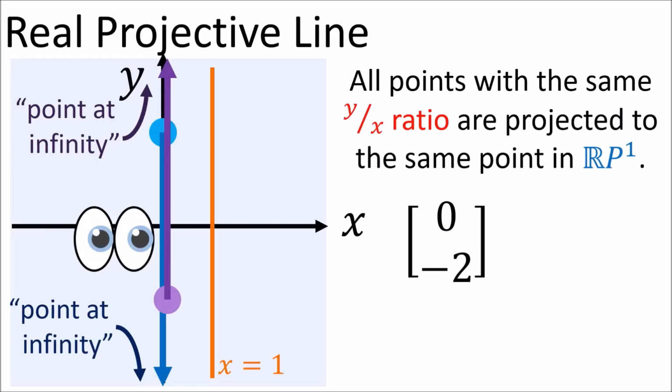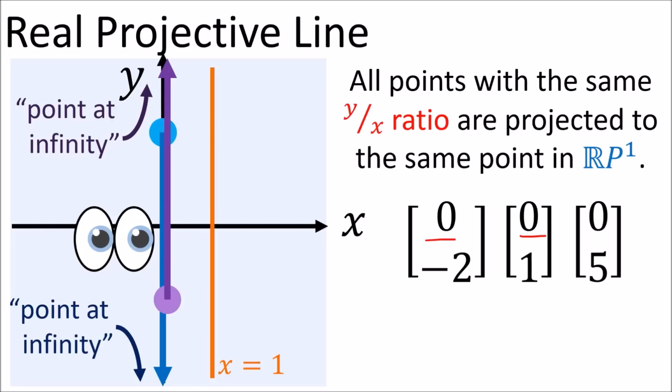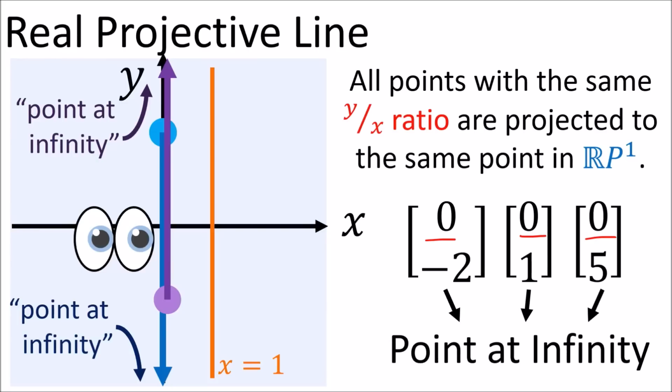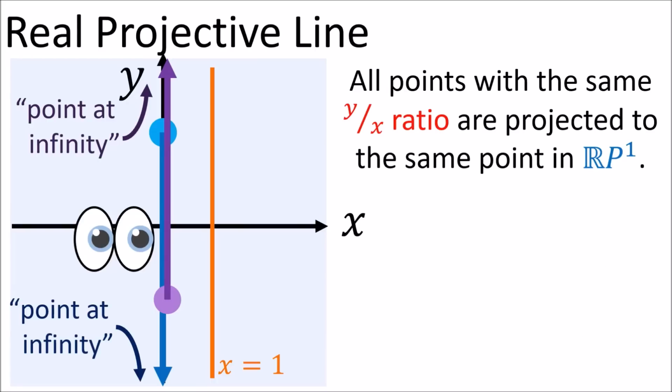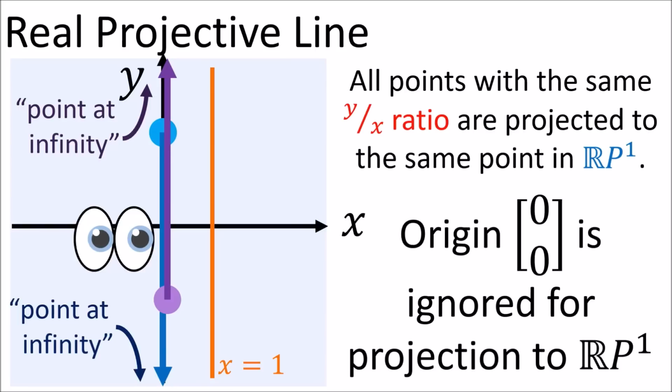And in the case of xy points where the x-coordinate is 0, all of these are considered equivalent and are projected to the point at infinity. Although, keep in mind, the origin point does not get projected anywhere, and is ignored for the real projective line.